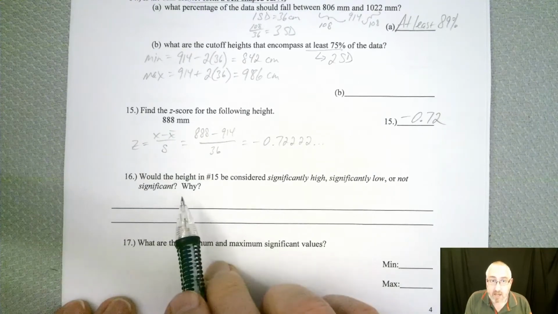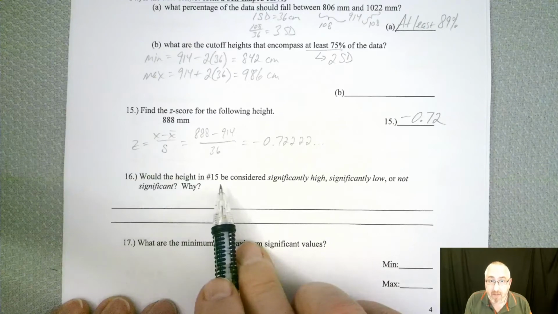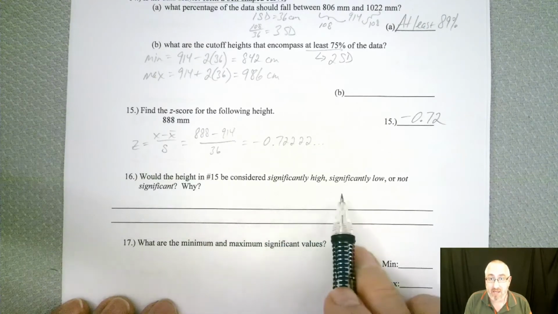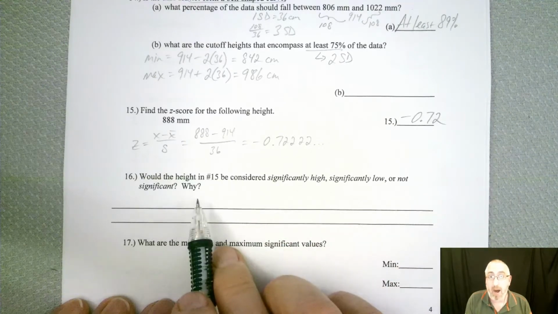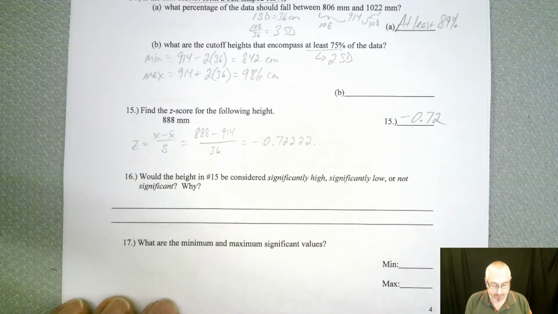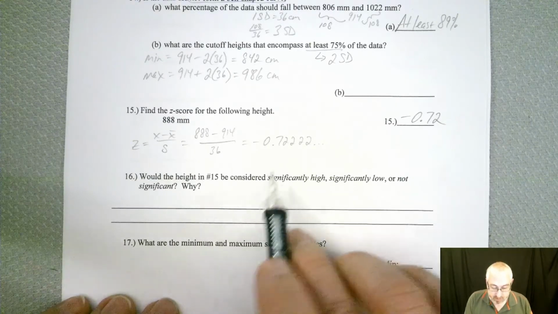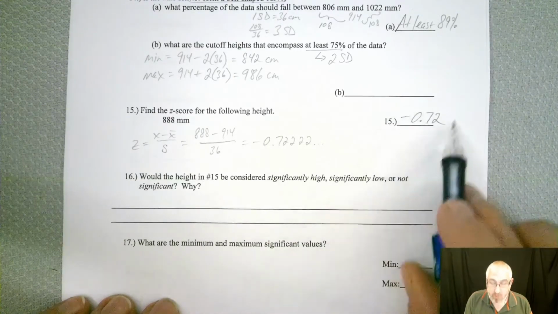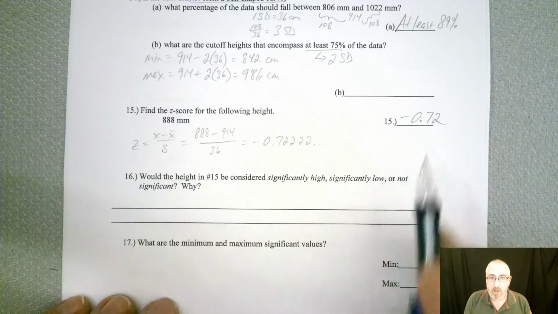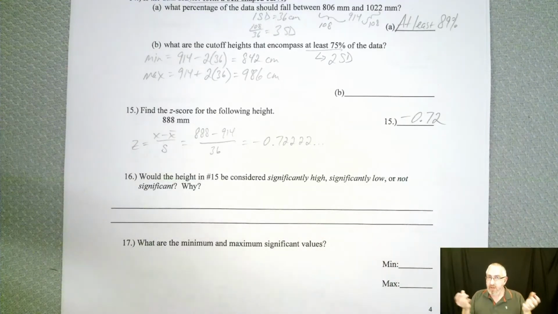But now for 16, it says, would the height in number 15 be considered significantly high, significantly low, or not significant, and why? Well, let's see. We got our z-score was negative 0.72. So now you got to think back to significance. What was the range rule of thumb, and how did that talk about significance? How many standard deviations away were those significant cutoffs?